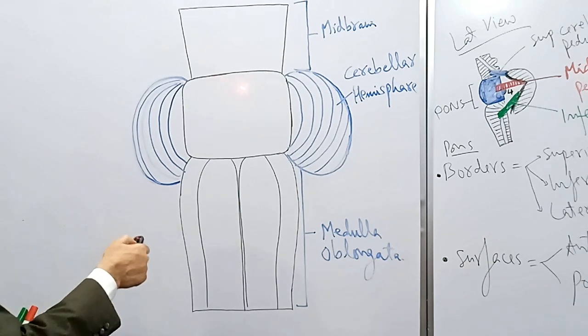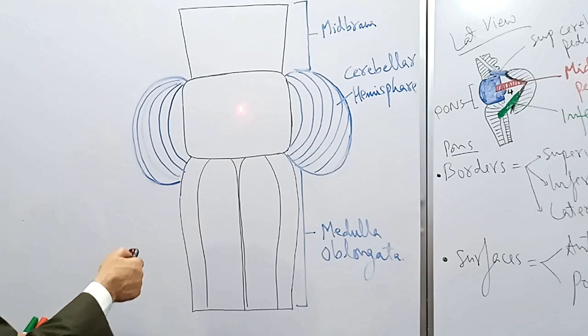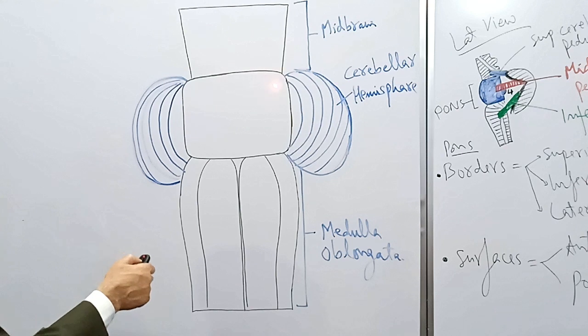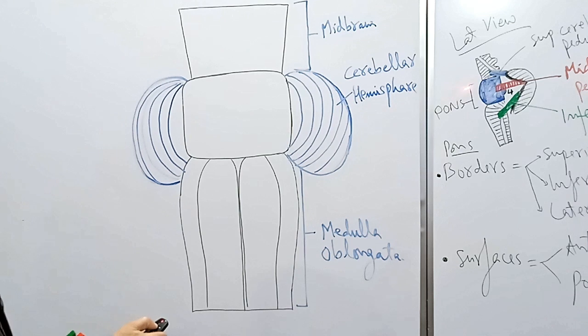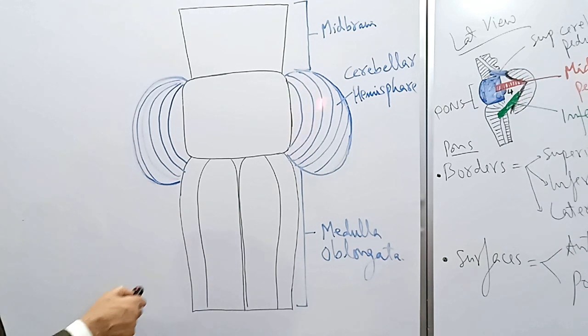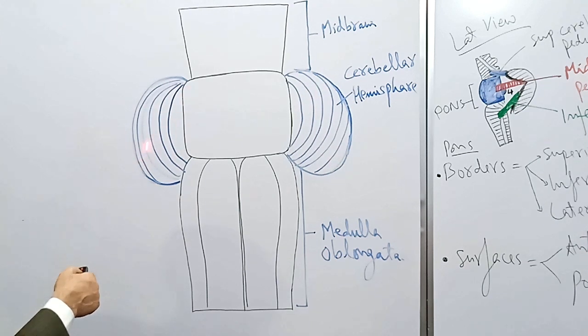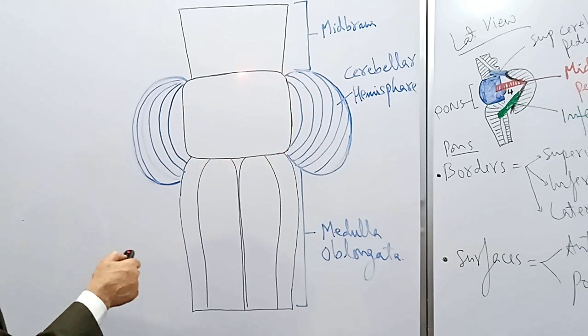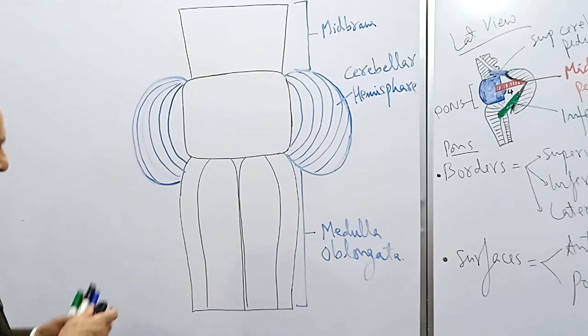In the middle part of the cerebellum, that is the vermis, and parts of the right and left cerebellar hemispheres are obscured by the pons because the pons is located anteriorly. Like in this diagram, you can see parts of the right and left cerebellar hemisphere. The middle part you can't see because anterior to the middle of the cerebellum, the pons is located with the fourth ventricle intervening.